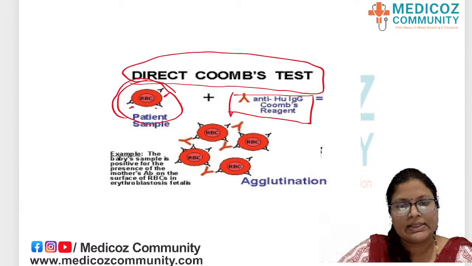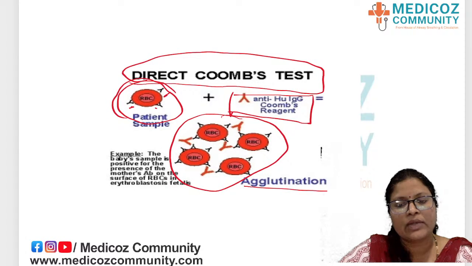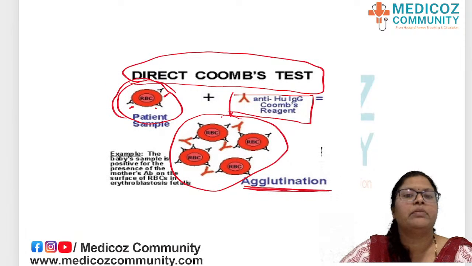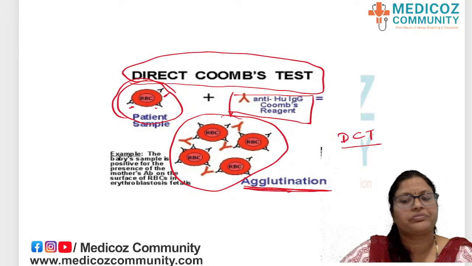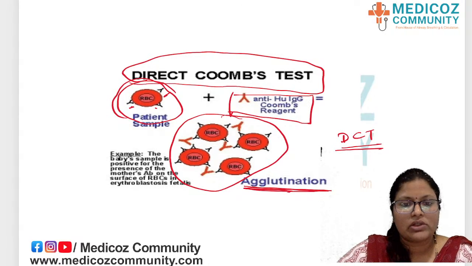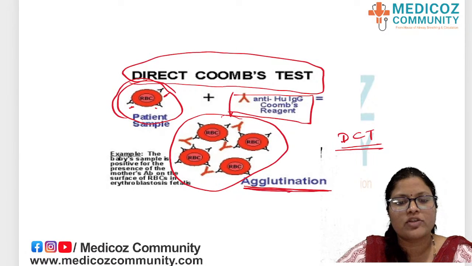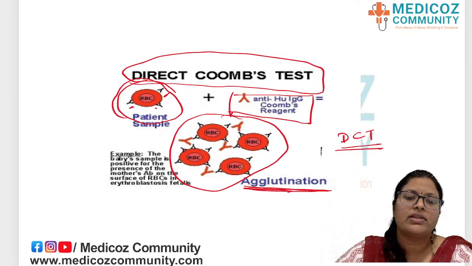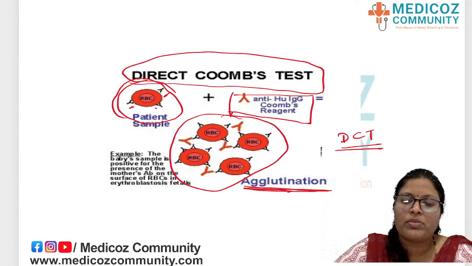Okay, so then this reaction is formed and appears as an agglutinate, and this is picked up and your direct Coombs test is interpreted. And for example, when the baby's blood is positive for presence of mother's antibody on the surface of the RBCs in case of erythroblastosis fetalis, you will do a direct Coombs test.